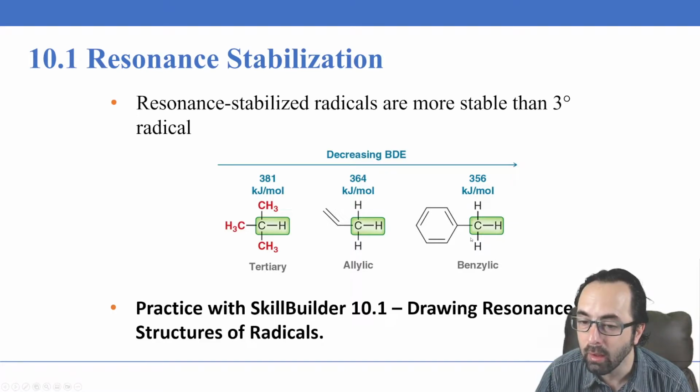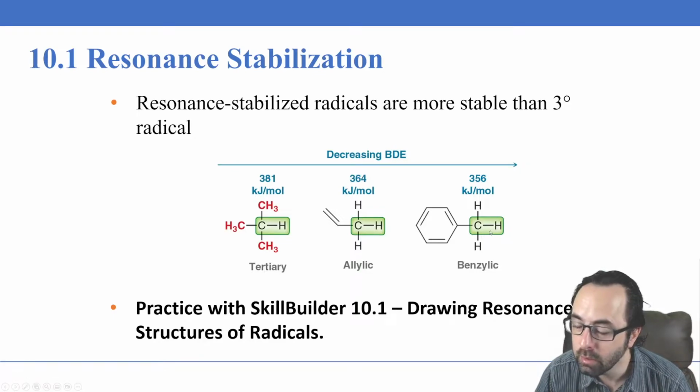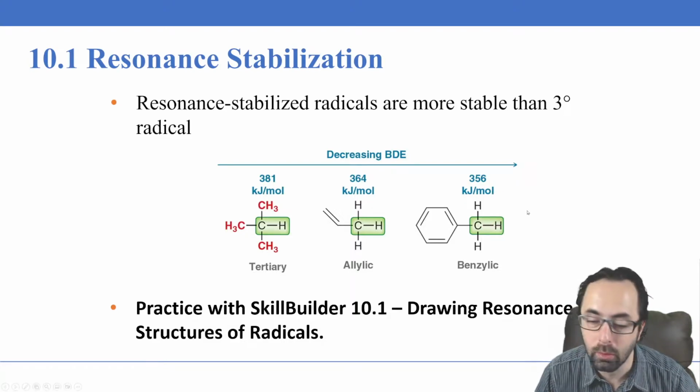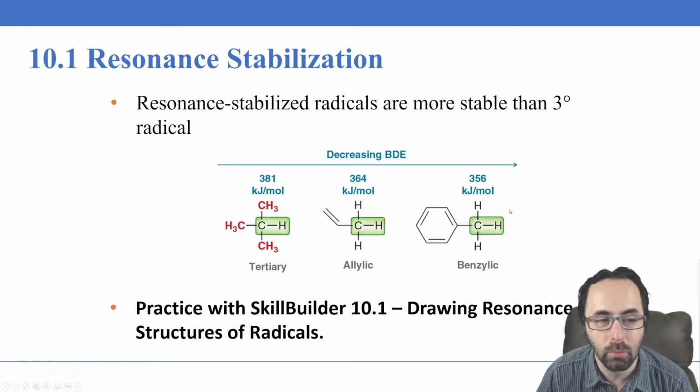And then likewise, for a benzyl radical, this is even more true. The benzyl radical is highly resonance stabilized, so that makes breaking this carbon-hydrogen bond much easier. It makes a more stable radical, and so we can see here that the bond dissociation energy for a benzyl hydrogen here is going to be only 356 kilojoules per mole.